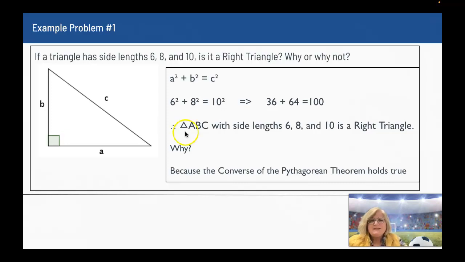So it's a good thing to know. The three dots mean therefore. Therefore, triangle ABC with side lengths 6, 8, and 10 is a right triangle because this works. 36 plus 64 is 100. So why? Because the converse of the Pythagorean theorem holds true.